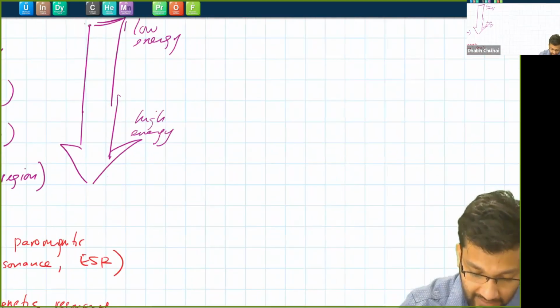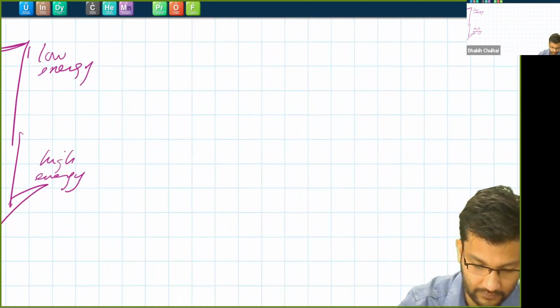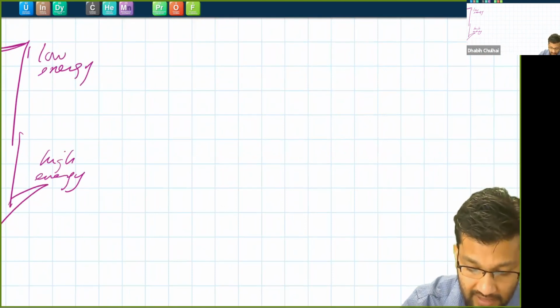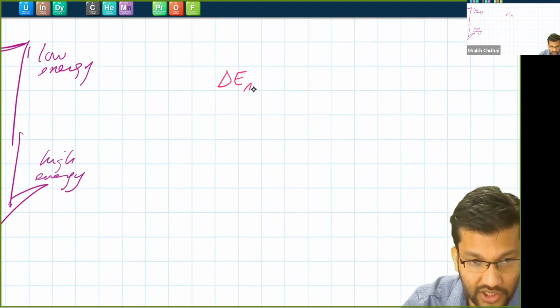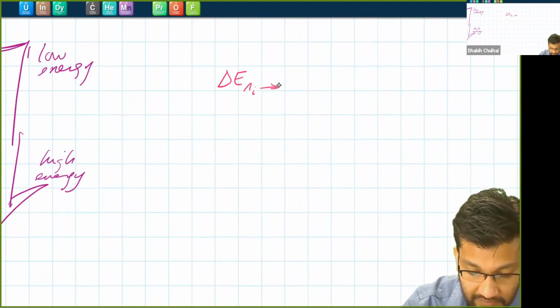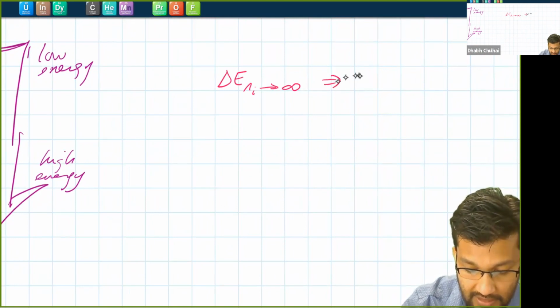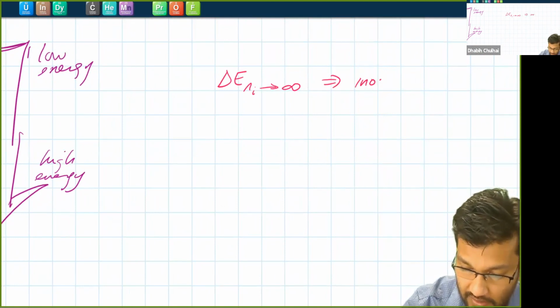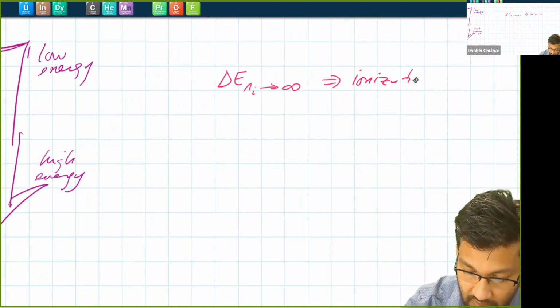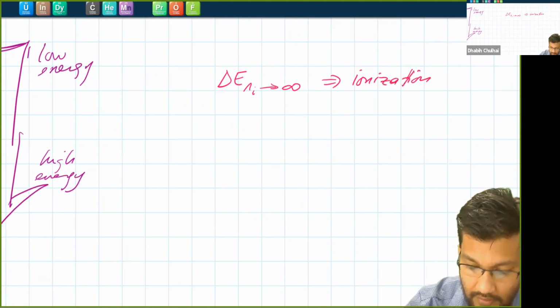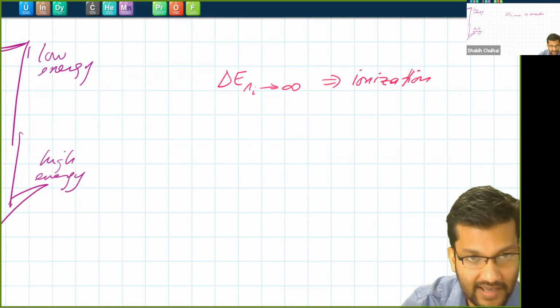In fact, I'll say this right now. If you calculate an energy change from some initial energy level to infinity, that's ionization. That's how you calculate the ionization energy for any atom or molecule.